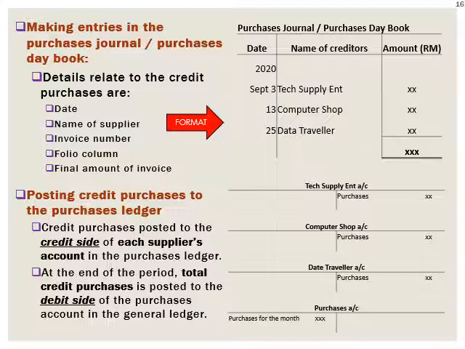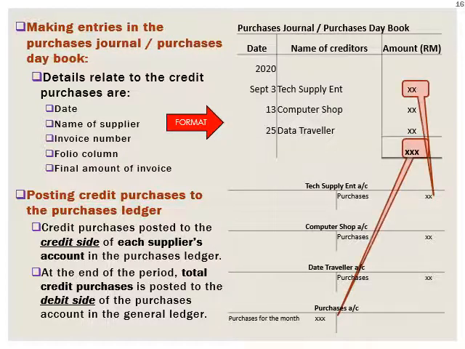As you can see in the example given, we have three different creditors, which are Tech Supply Enterprise, Computer Shop, and Data Traveler. In the purchases journal, we will not have any debit side and credit side. We record only the list of our creditors together with the amounts involved.